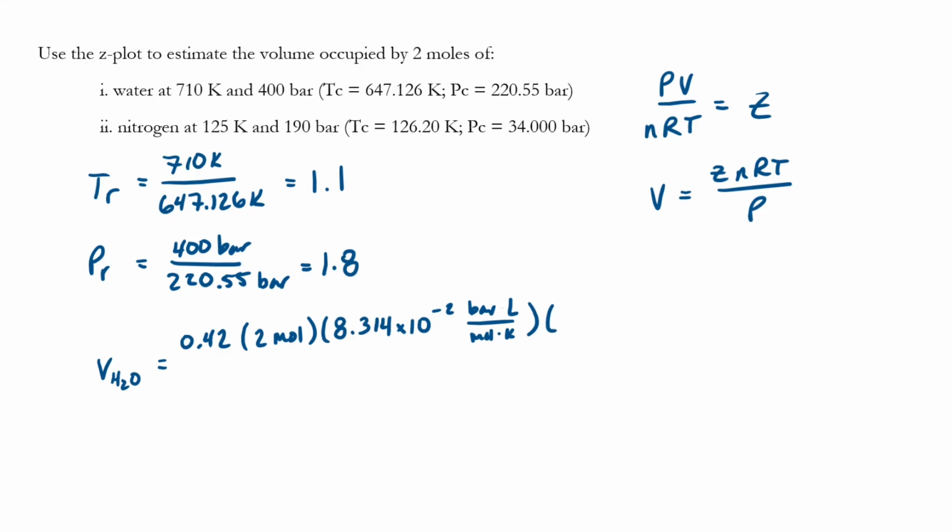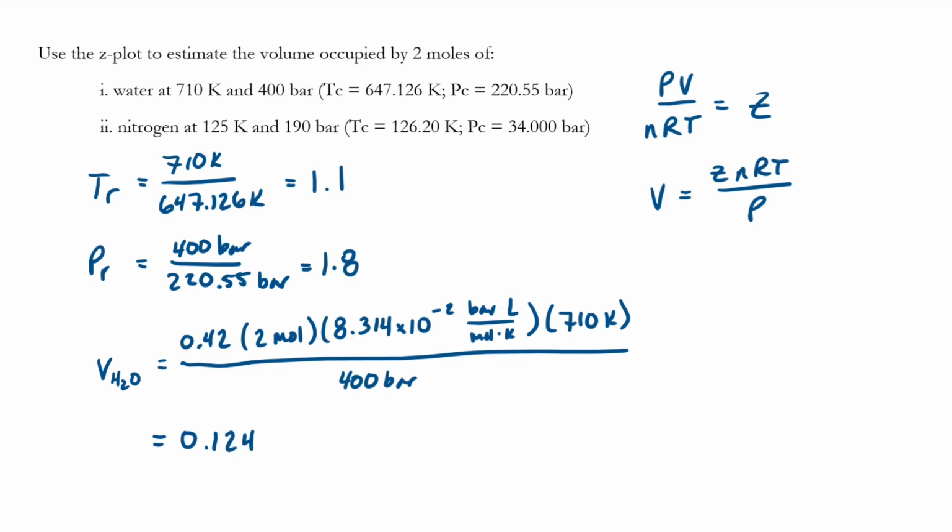Temperature in this circumstance is 710 Kelvin. Remember that we're using the actual temperature and pressure here, and not the reduced pressure or temperature, and not the critical temperature and pressure. Okay, and the pressure in this case was 400 bar. And so the volume for water that we have is 0.124 liters.